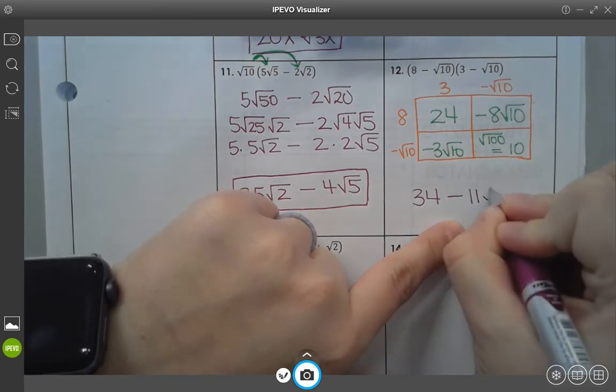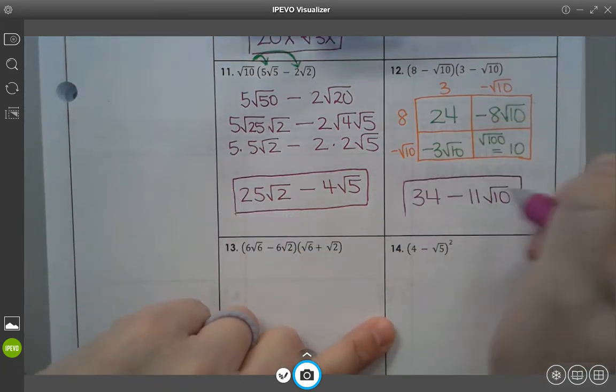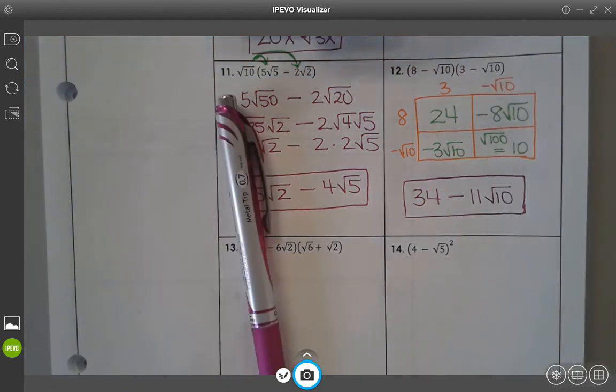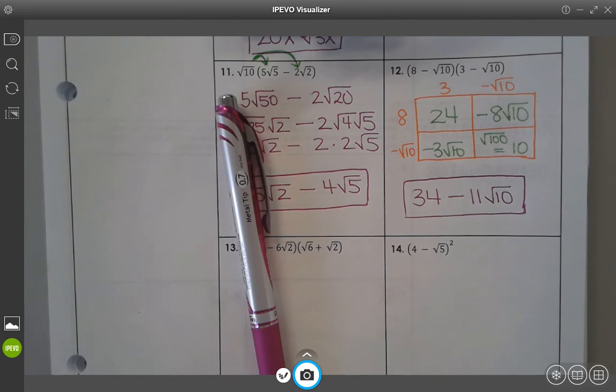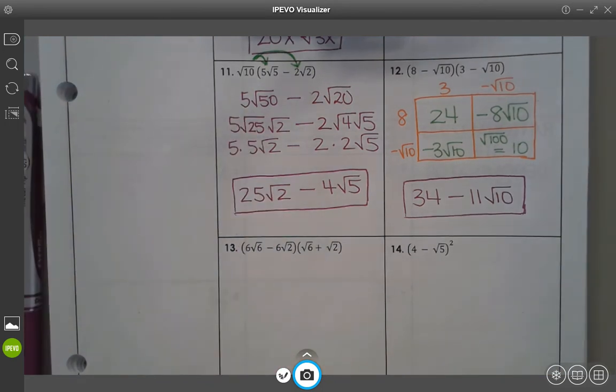So minus 11 square root of 10. If you only have one root in your answer, it's better to put that second. It's not wrong if you put it first, but usually you'll see your answers written like this. Not always, but usually.